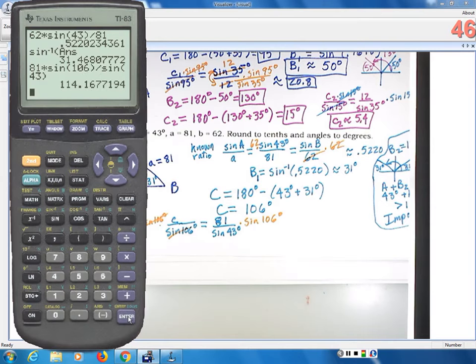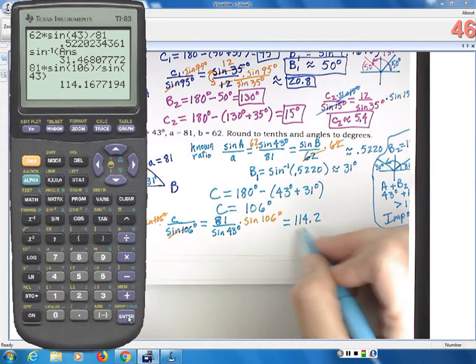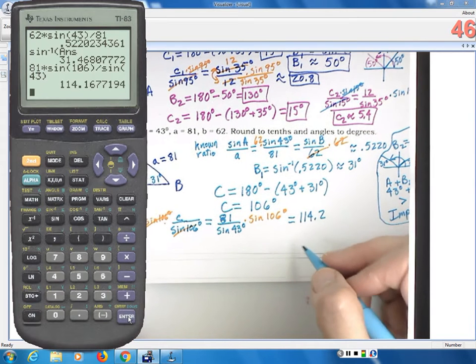That's 114.2. That's side C. It's not an angle. Don't put a degree sign on it.